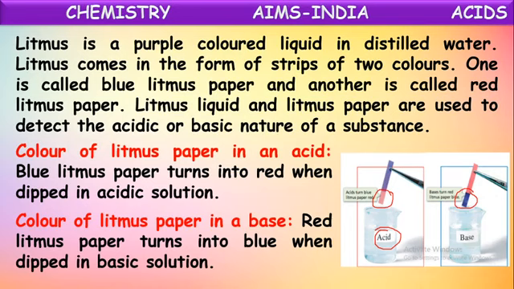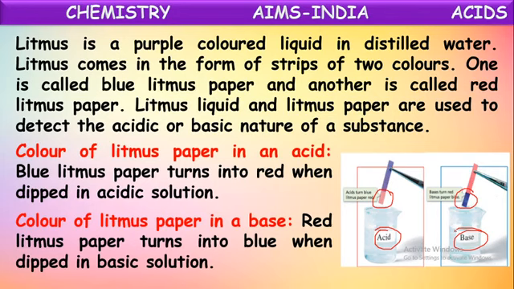If we take a colorless liquid without knowing its nature, and we dip a red litmus paper into the solution, when it turns blue, then we can say the solution is a basic solution. So in this way, we can identify acids and bases by using litmus papers. For detecting acids, we use generally blue litmus papers.